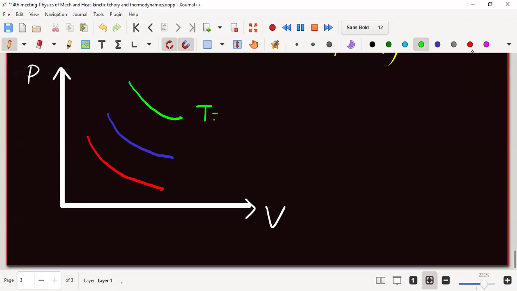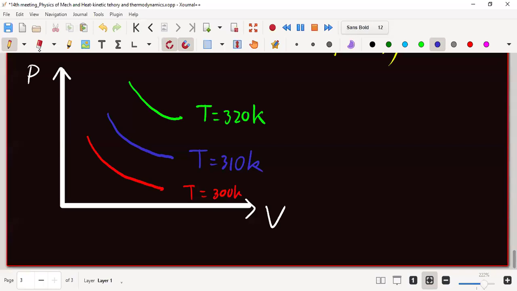For example, this one is at 320 Kelvin, and here is at 300 Kelvin, and then here for 310 Kelvin. The blue line is at 310 Kelvin.